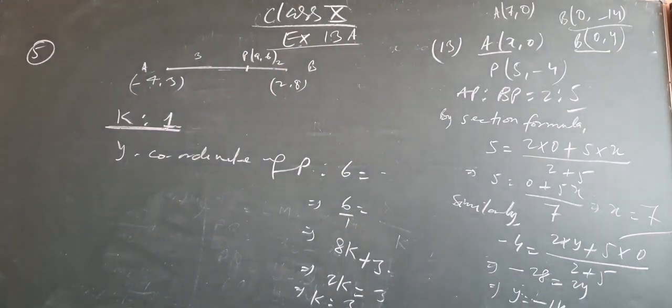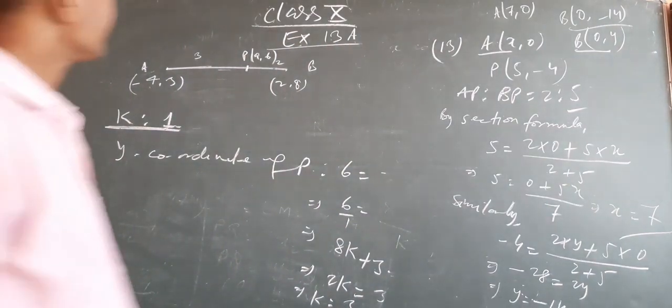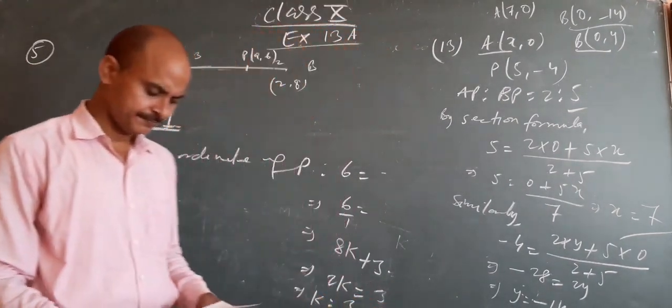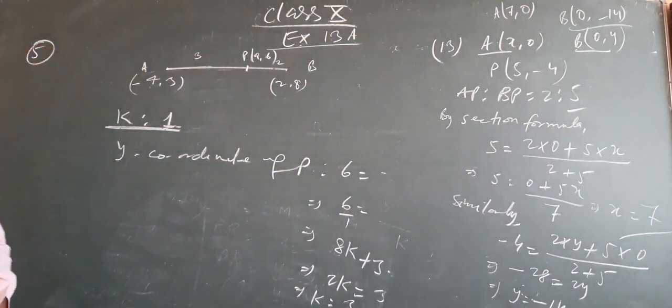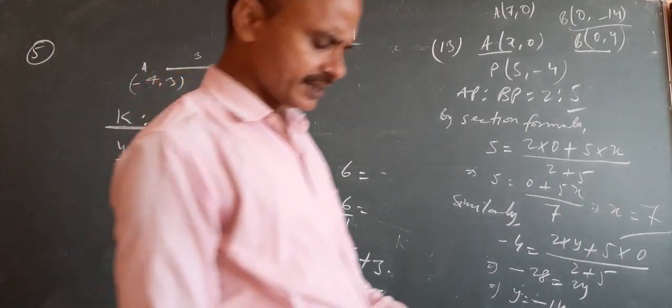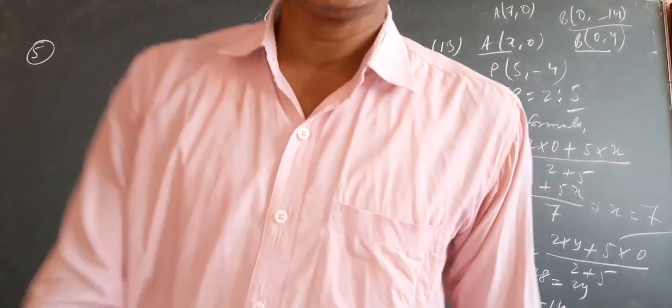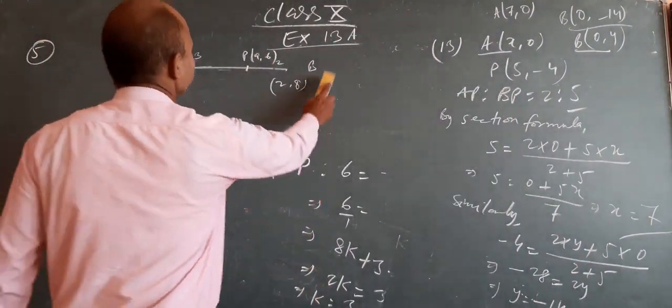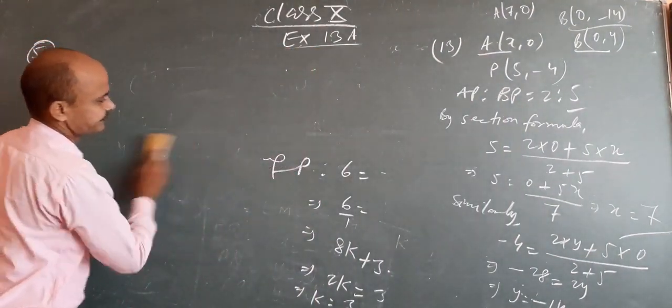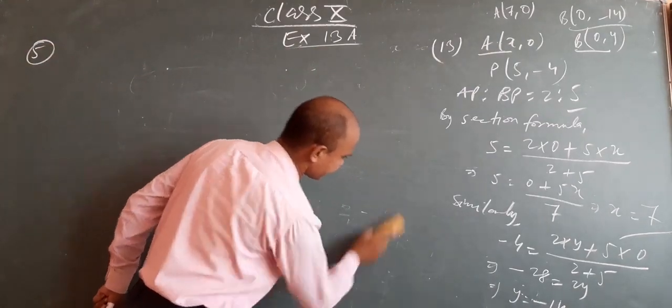One more question we will see, that is question number 20. ABC is a triangle. Triangle ABC is given.